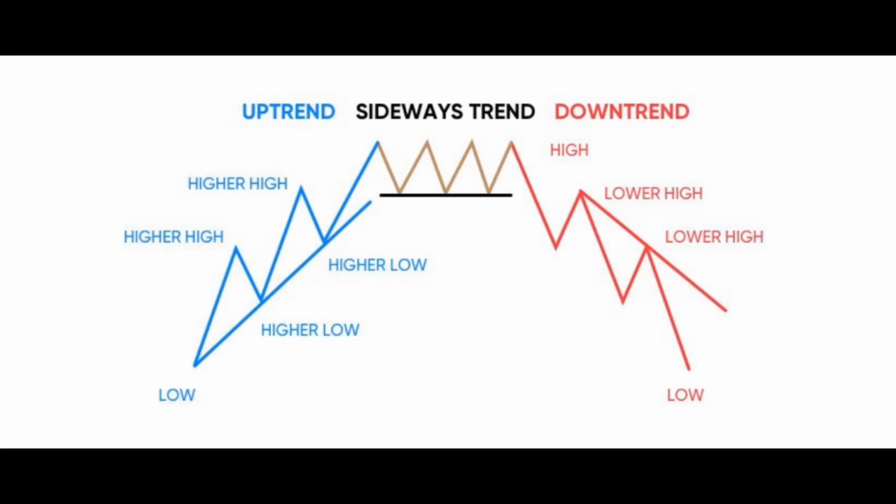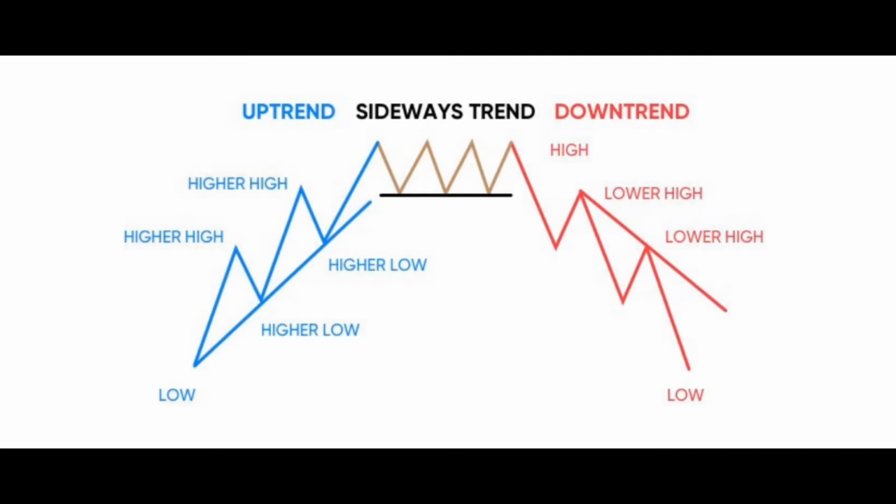Also, for the choppy market, you need to stay away from that market totally. You don't have to take any trade when you see that there's no direction in the trend. You just have to leave the charts when you are exposed to such a market. I'll be showing you in my next slide, so stay tuned.